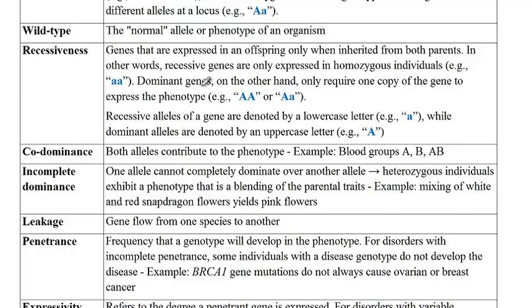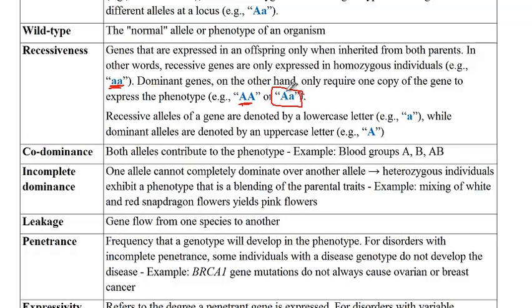Recessiveness is referring to genes that are only expressed when they are present in a homozygous individual, like lowercase a, it can only get expressed when it's in a homozygous state. Once it combines with a dominant gene, it can no longer express itself. Like for instance, capital A is the dominant gene and will express itself, even if the recessive gene is present.